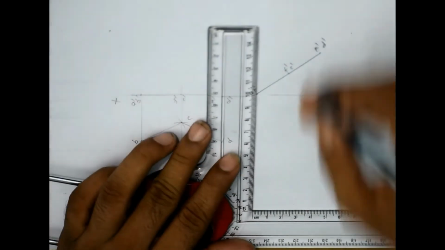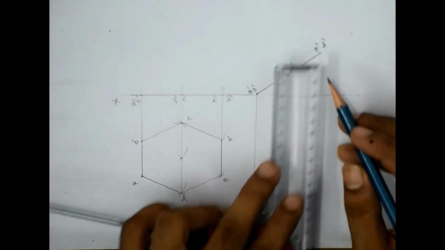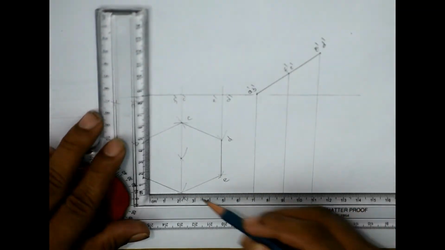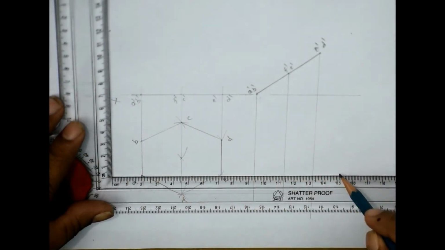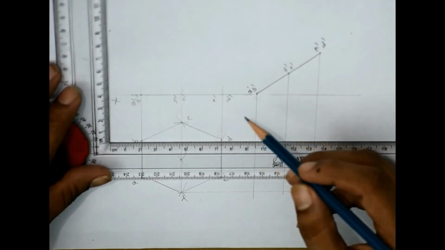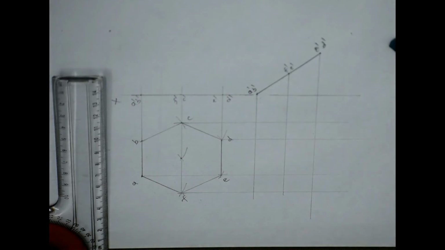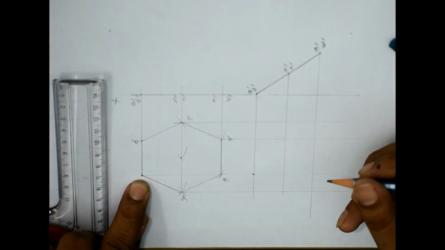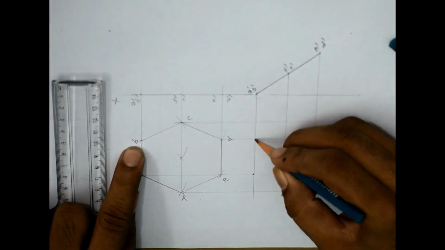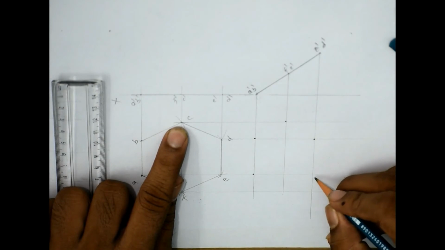To get the top view, draw projections from the front view and this top view. So you can easily get that A to A dash, then B, B dash, C, C dash, E, E dash.